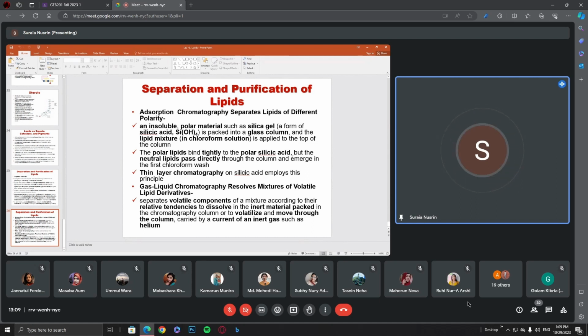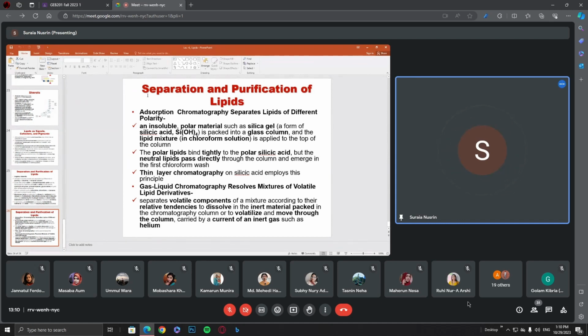But if the lipids are neutral lipids, they will not bind to the silicic acid, and they will pass through the column. So at the very first wash, we get the neutral lipids, and in the column the polar lipids will be bound. By this you can separate the two types of lipids from your sample.